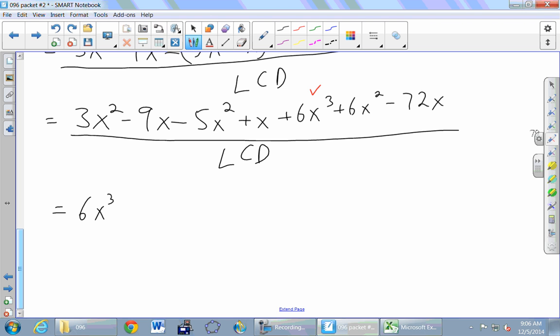So let's look at some x squared terms. 3 of them there, minus 5 of them there, plus 6 of them there. I heard a vote for 4x squared, is that right? Okay, so that's a plus 4x squared. And then finally the x terms, minus 9, plus x, minus 72.